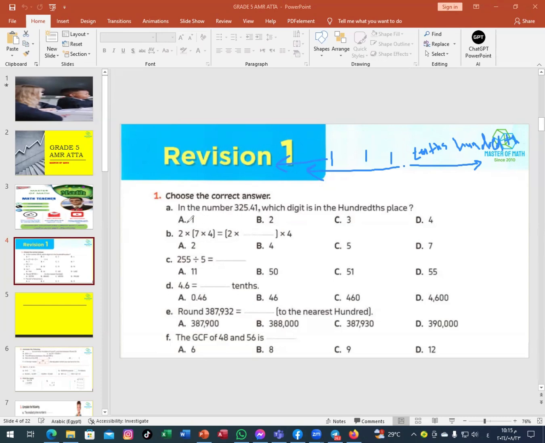Okay, the question said in the number 325.4100, which digit is in the hundredths place? We can read this number 325.41, or 0.41.